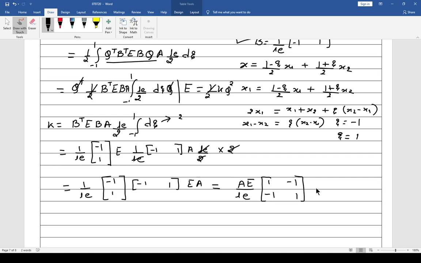This is my stiffness matrix, and this is the derivation in the local coordinate system.